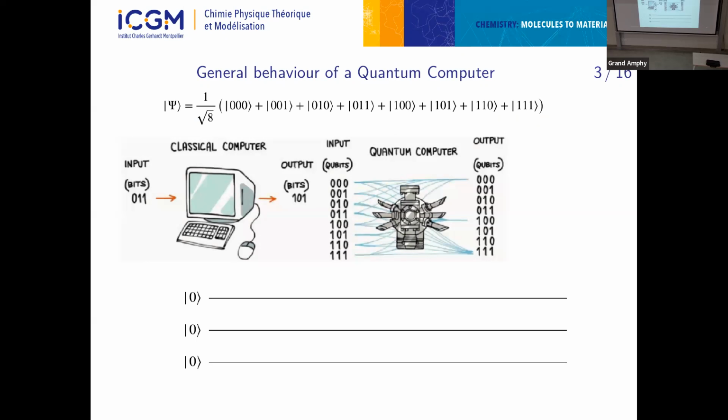So if I want to construct this state, for instance, it's a linear combination of all possible bit strings generated by 3 bits. So you have 8 combinations possible, 2 to the power of 3. On a classical computer, you will have to treat each of those separately, get an input, do some operation, and get an output, which is also classical, so only 3 bits of information.